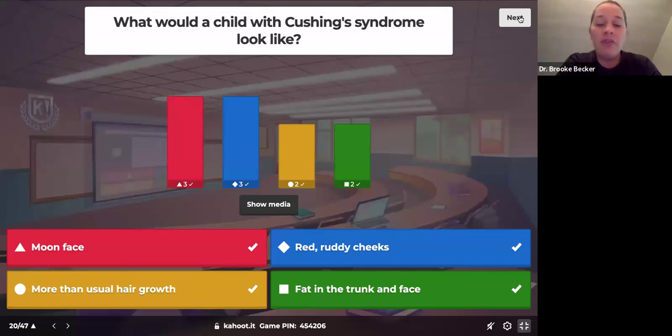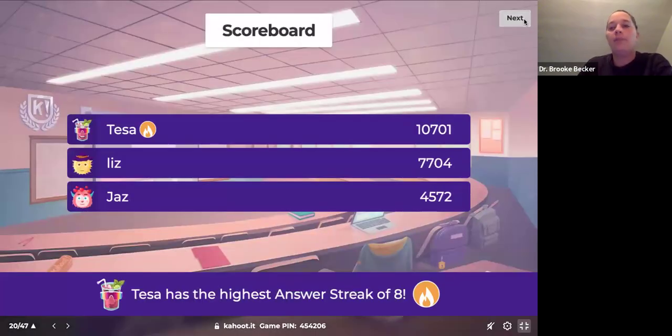Moon face, so they're going to look really puffy, a very, very circular face, okay? They're usually going to have red, ruddy looking cheeks. They're going to have more than normal hair growth, and then they're going to carry their fat not only in their face, their moon face, but also their abdominal trunk is going to be more obese. Okay. Good.